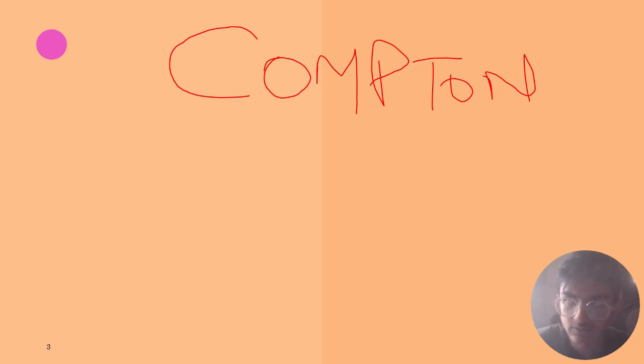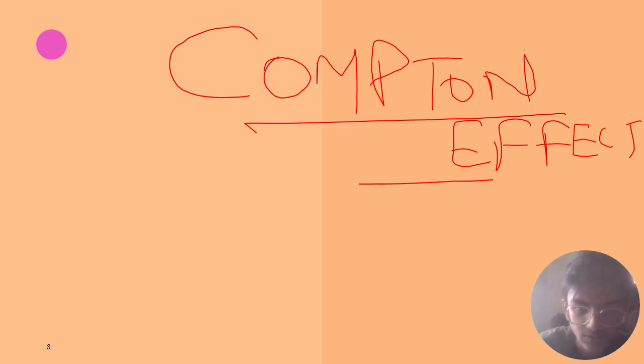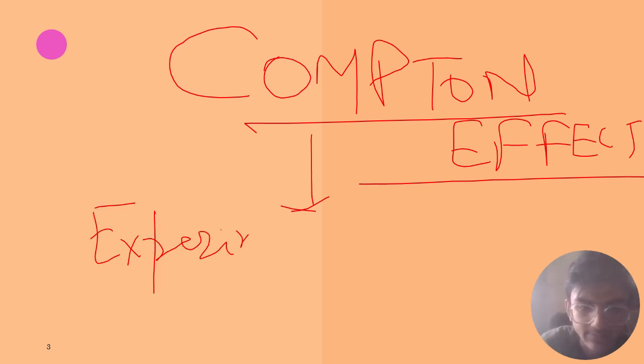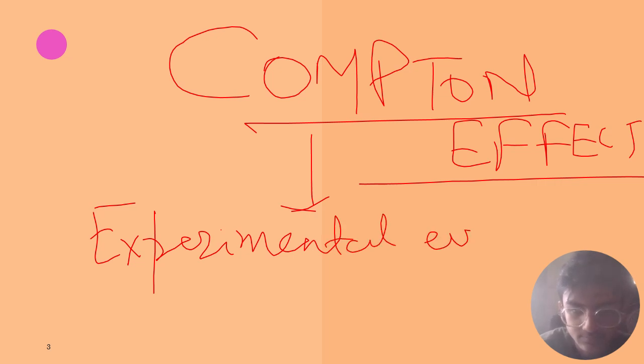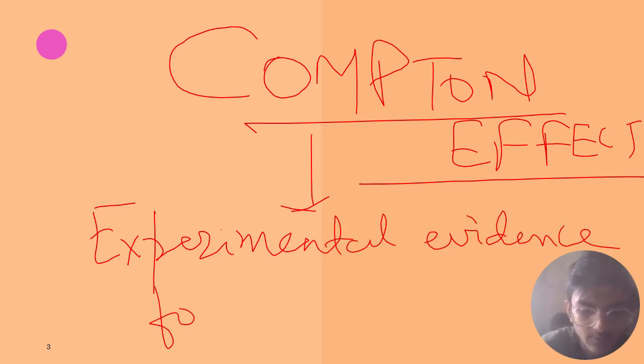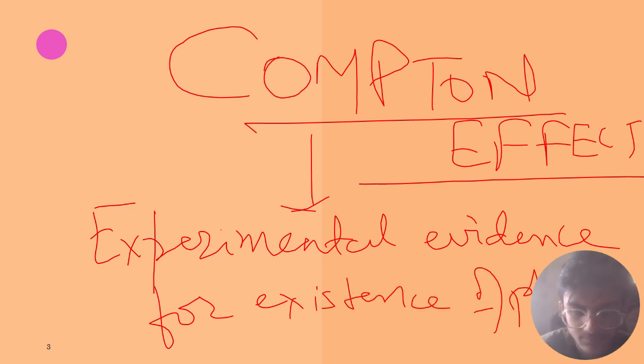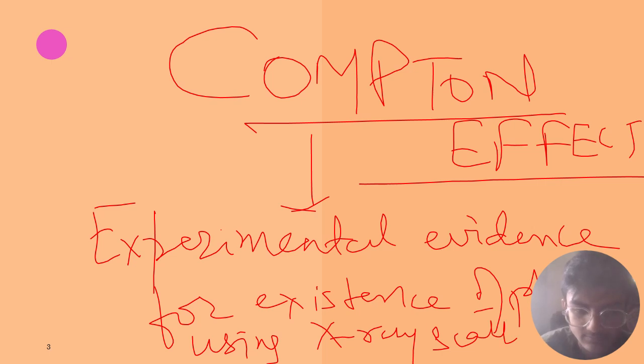There was a scientist named Arthur Compton. He gave this effect. It is an experimental evidence for the existence of the photon using X-ray scattering of electrons.